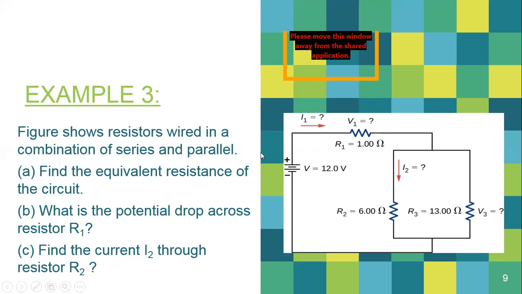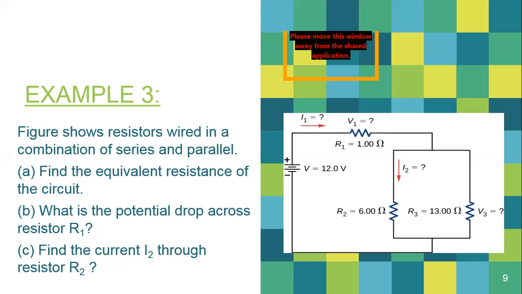Figure shows resistors wired in a combination of series and parallel. Find the equivalent resistance of the circuit, and what is the potential drop across resistor R1. You have to find the potential difference of this resistor and find the current I2, the current through resistor R2.